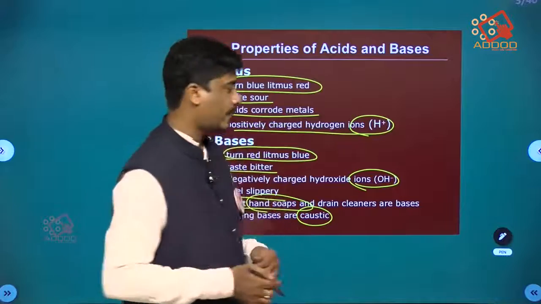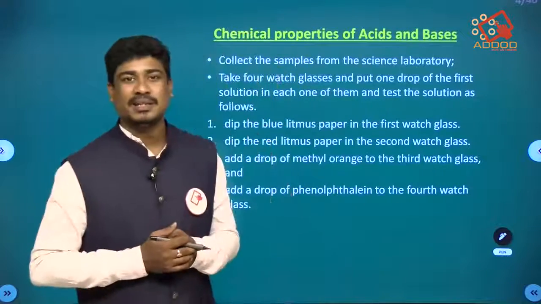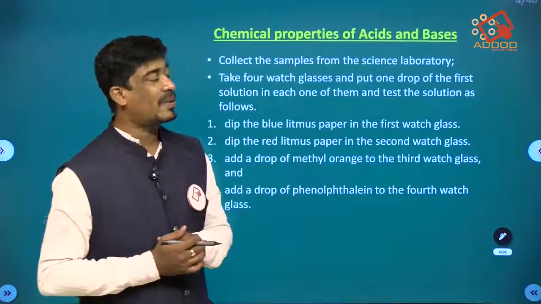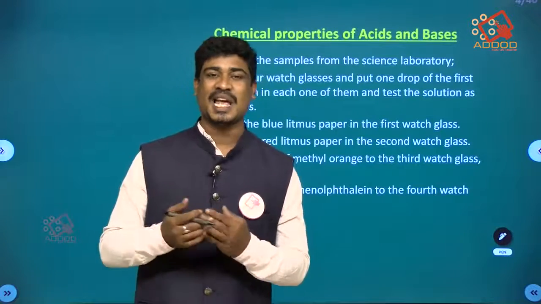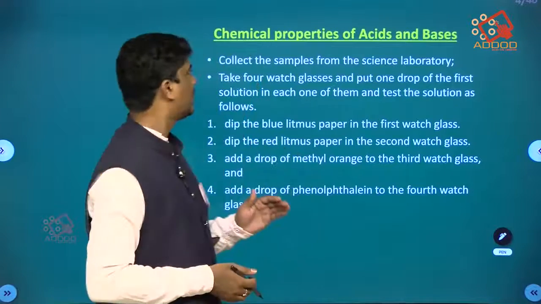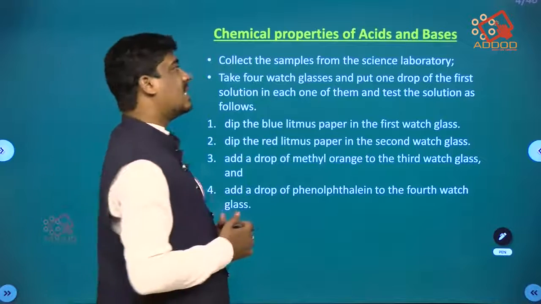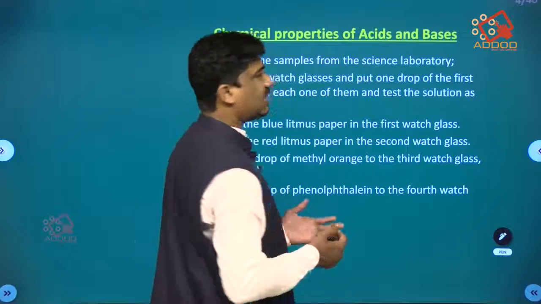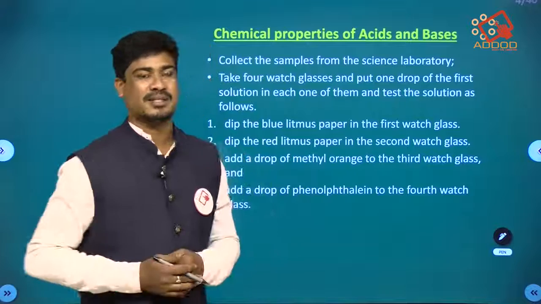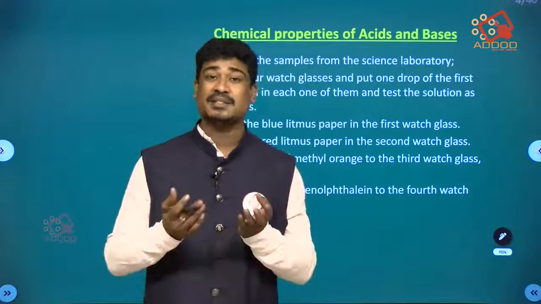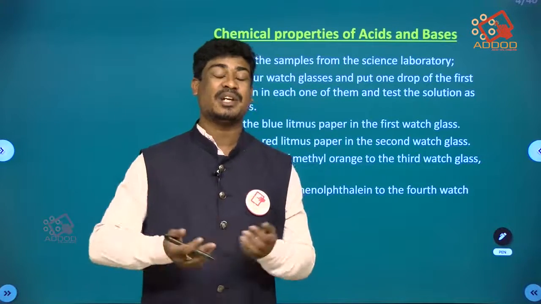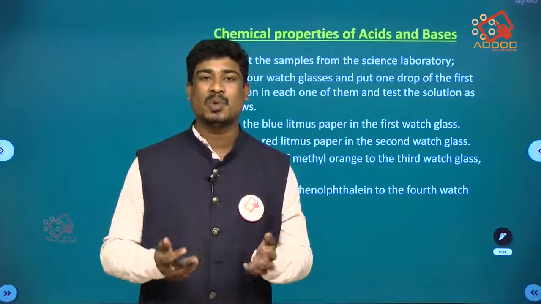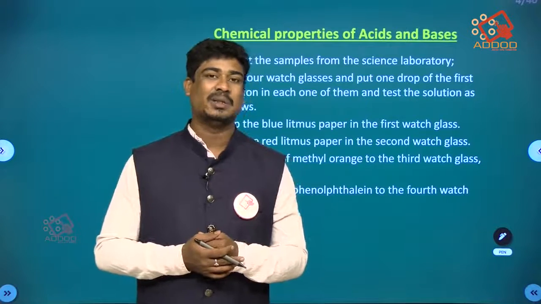Coming to the next, in our textbook the chemical properties of acids and bases are given, and one activity is given. Collect the samples from the science laboratory: take some chemicals, such as hydrochloric acid, sulfuric acid, nitric acid, potassium hydride, sodium chloride, sodium hydroxide.